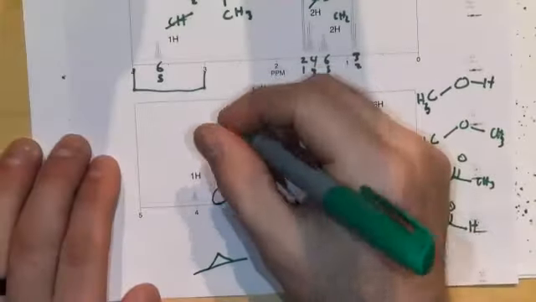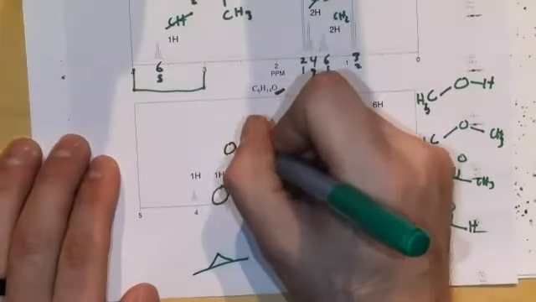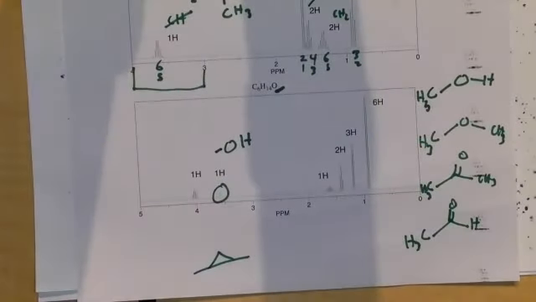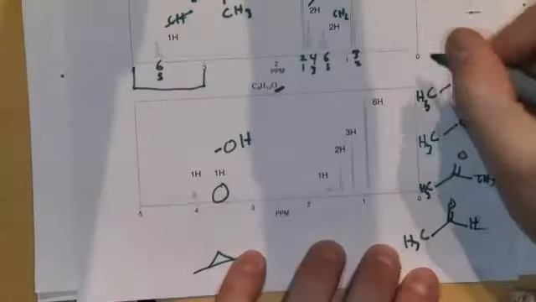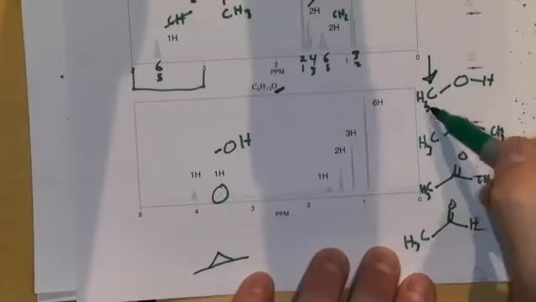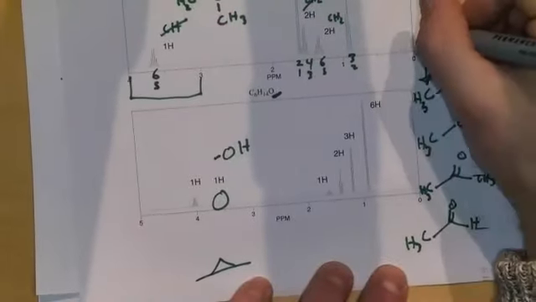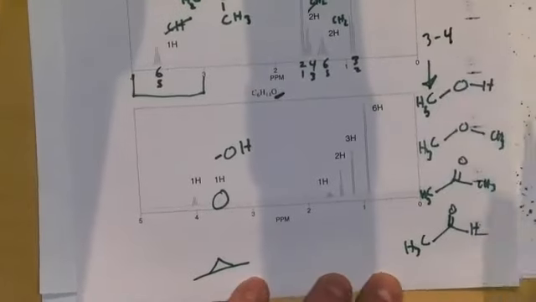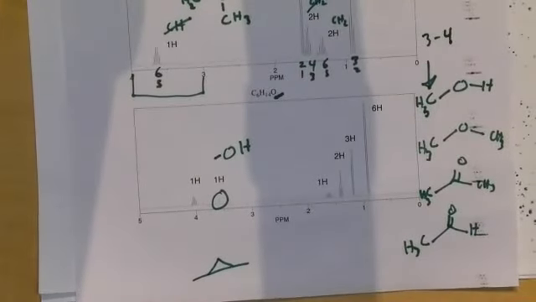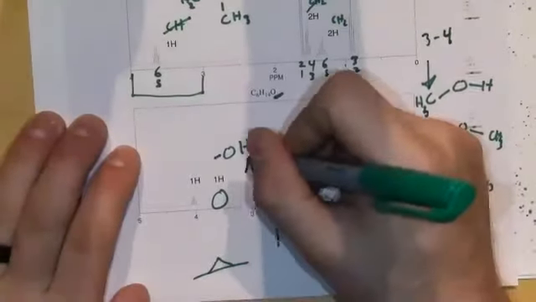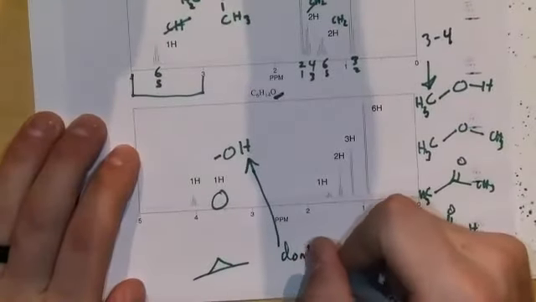This always tells you that you have an OH. You also have a carbon here that is next to an oxygen. This behaves a lot like a carbon that's next to a chlorine or a bromine. It's going to be in the 3 to 4 range. So that's kind of useful. And then from there, you're just following your normal rules. The only thing is that we don't count this for neighboring.